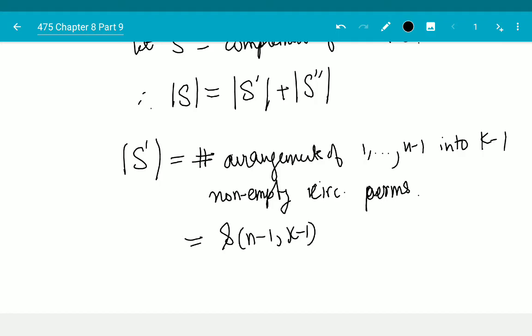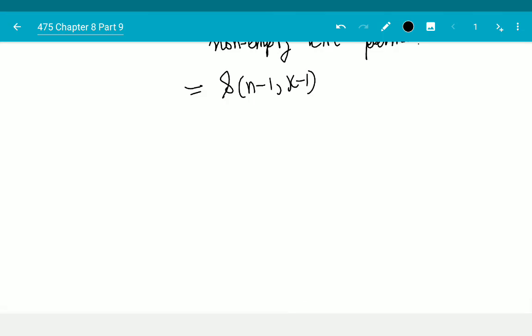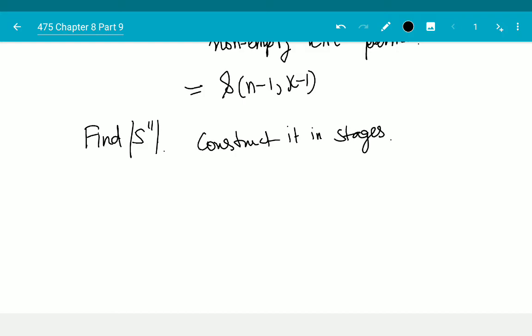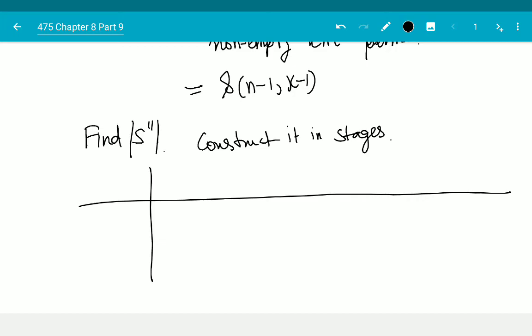Now we have to look at how S double prime is constructed. To find the S double prime cardinality, we construct it in stages.